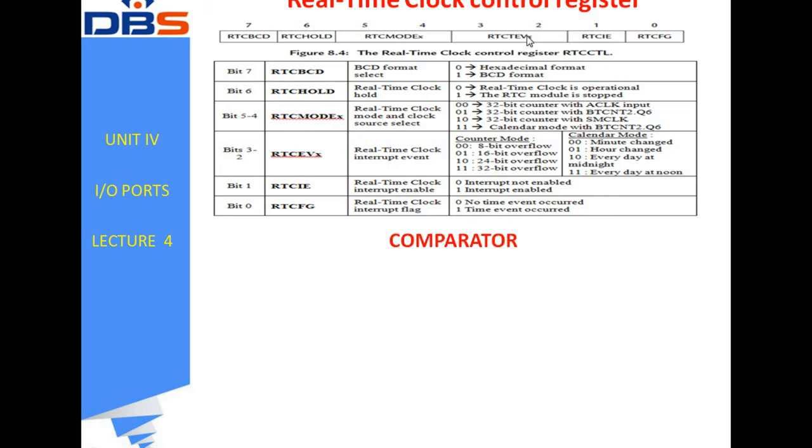See here, RTCTEV, that is, the real time clock time event. What type of event occurs in counter mode or in calendar mode? Suppose it is 00, then 8-bit overflow.